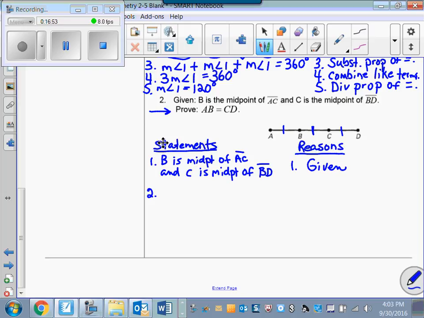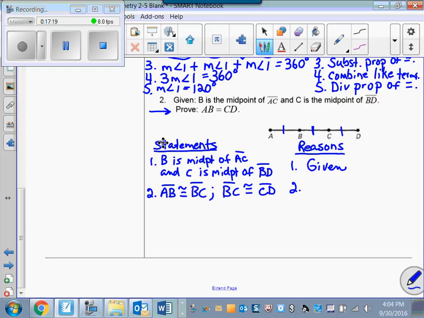I'm going to look at my drawing and I'm going to say, well, okay, since B is the midpoint of AC, I know that AB is congruent to BC. And since C is the midpoint of BD, I also know that BC is congruent to CD. How do I know that?